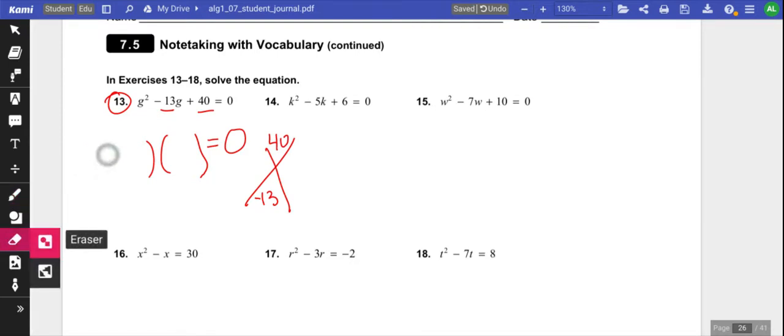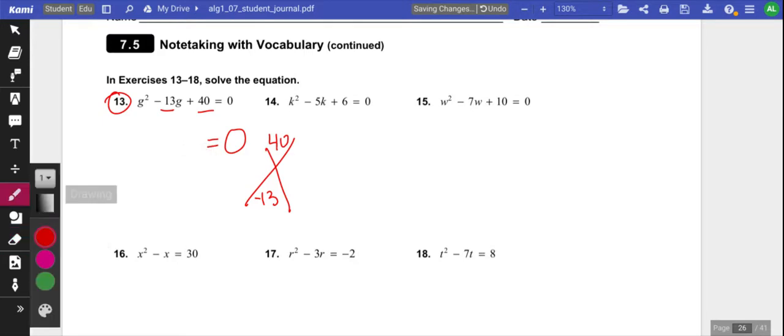These are really messy, so I'm going to redraw those. I'm going to have g and g. I don't know what I'm adding or subtracting in those binomials. I have two numbers. They multiply to 40, and they add up to negative 13.